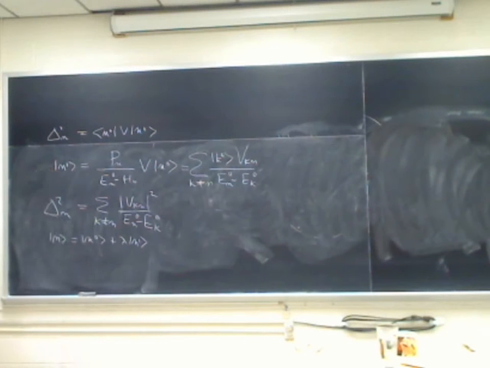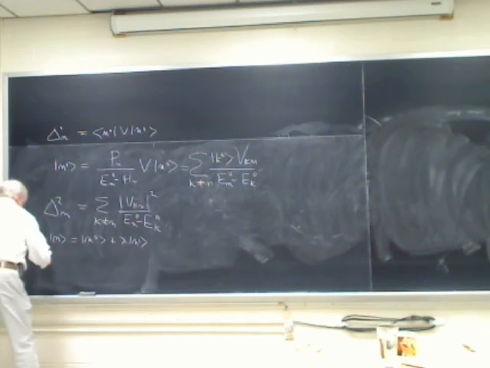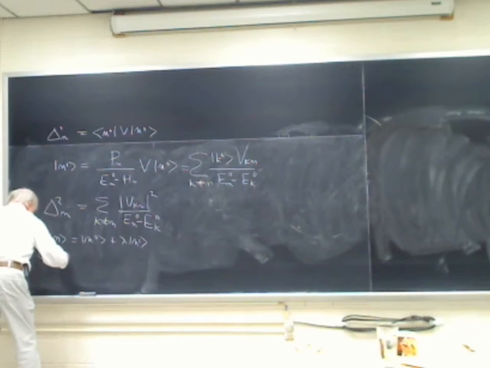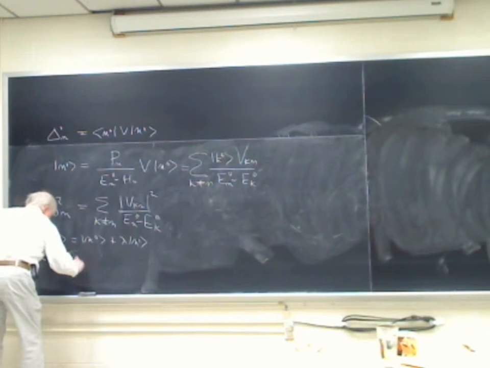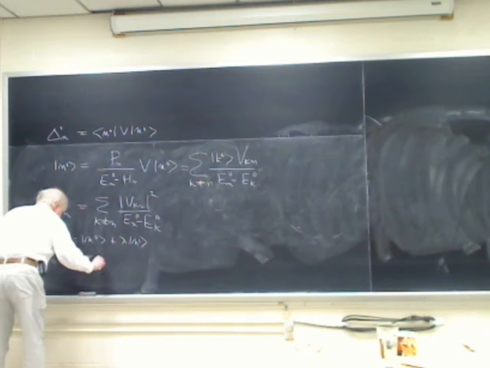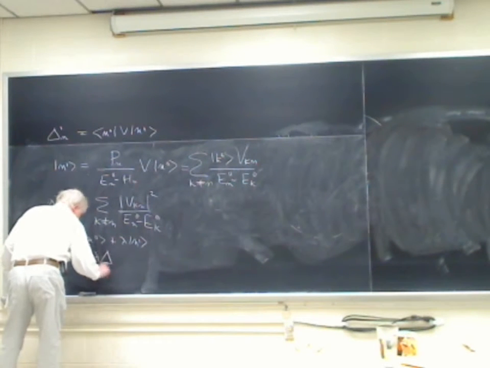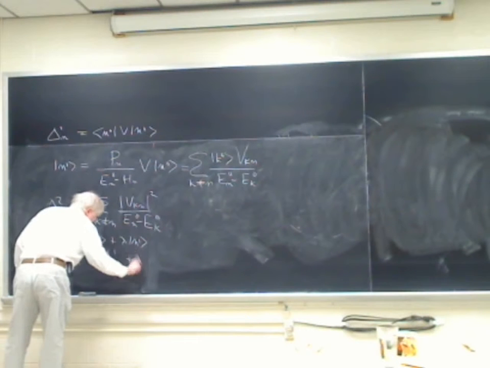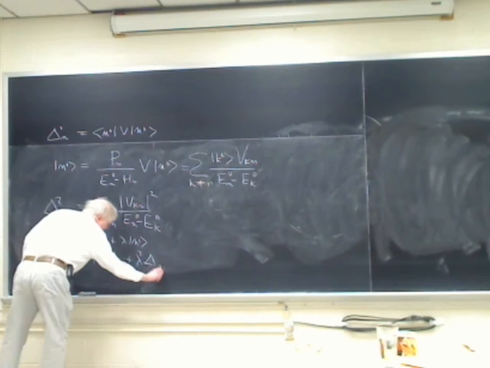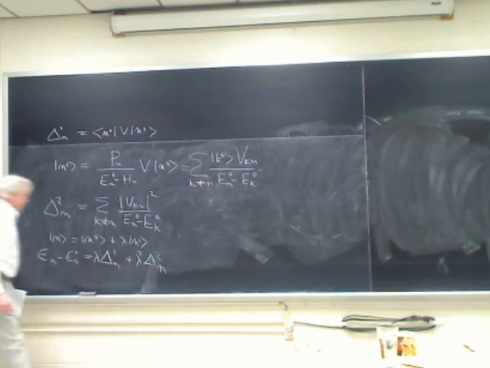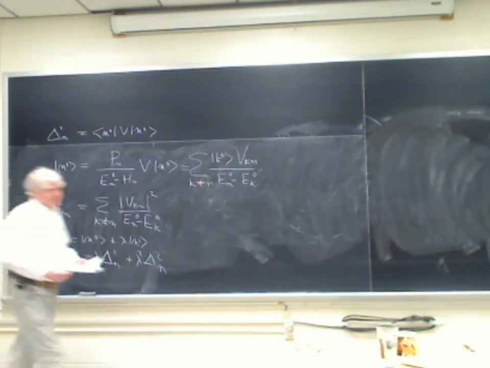And also the change in the energy, En minus En0, is lambda delta n1 plus lambda squared delta n2.